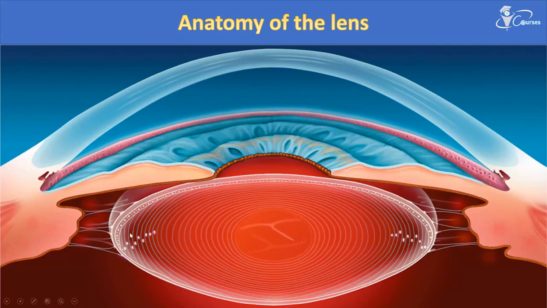The newest lens fibers become superficial, while the deepest fibers are the older ones. These fibers become compressed from the outside to inside to make the lens nucleus, which is surrounded by the lens cortex. The lens nucleus is in the center, and peripheral is the lens cortex. This is a very quick overview of the anatomy of the lens.